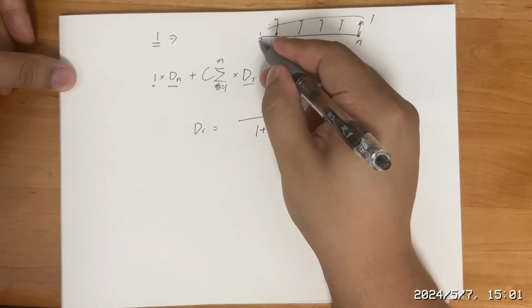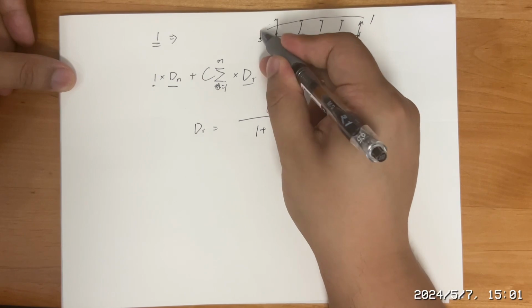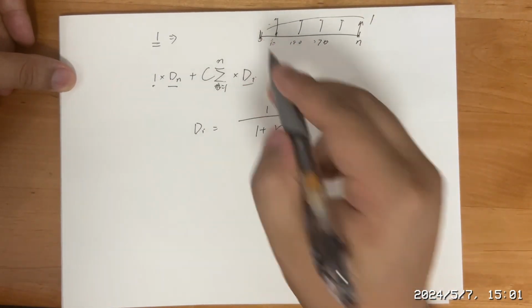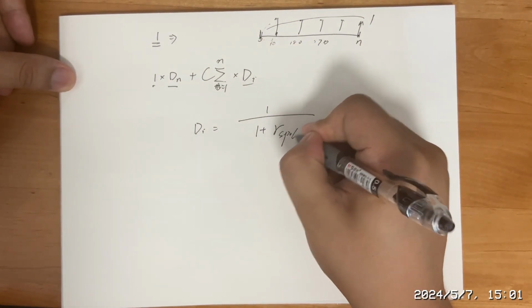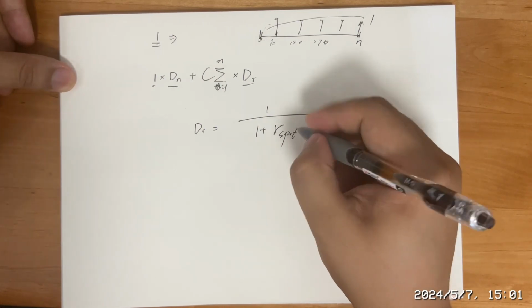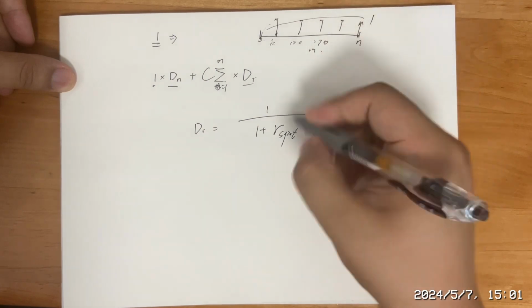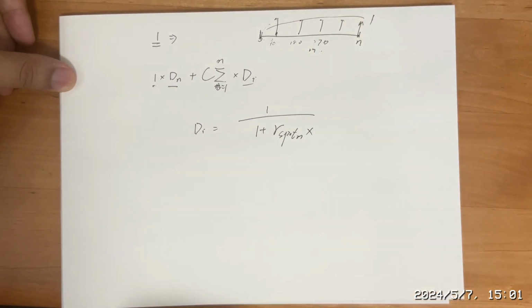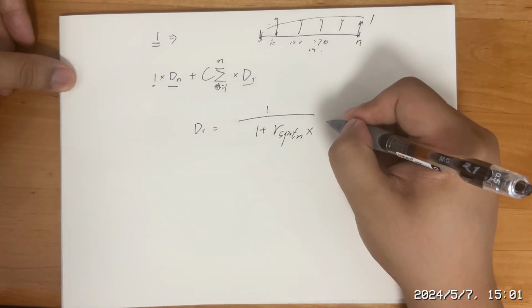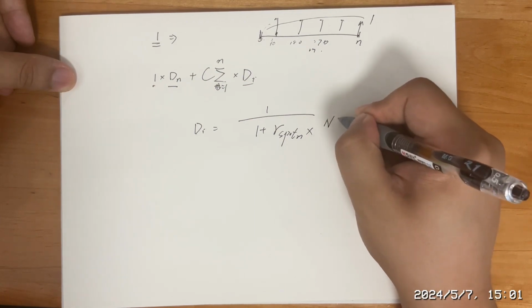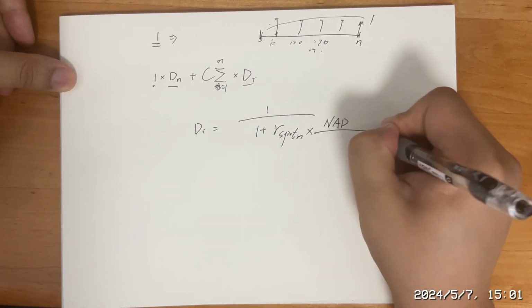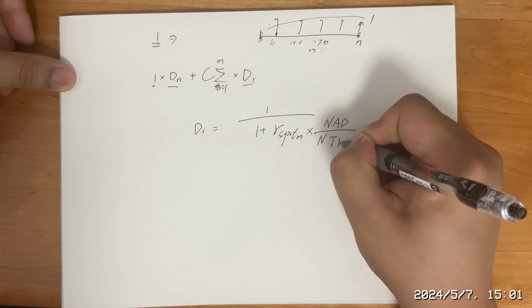That is the spot rate that you watch on the chart at time 0. So it will be the spot rate of that specific time, maybe time m, and don't forget to multiply by the number of accrued days divided by number of total days.